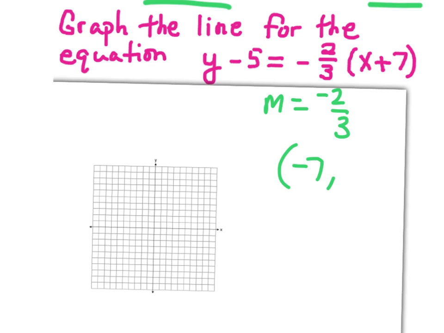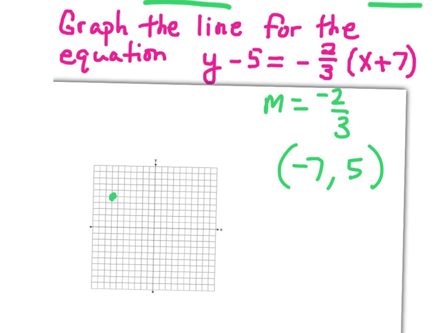Negative 7, positive 5. No, remember, how would we have gotten a plus 7? Yeah, so it's negative 7, 5. So I'm going to go negative 7, 5. Wait, isn't it 7, negative 5? Nope. Remember, what would have gotten me a negative 7 there, if I plugged the point into point slope form?